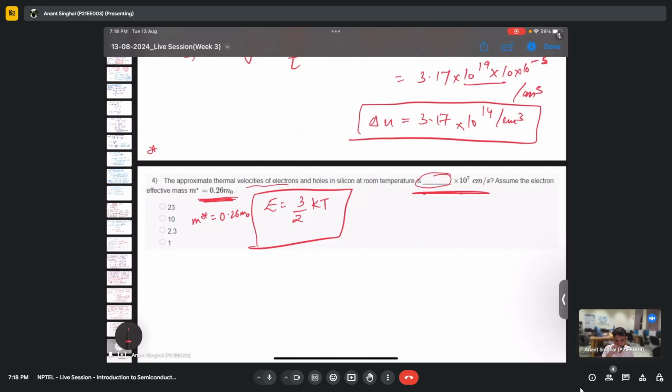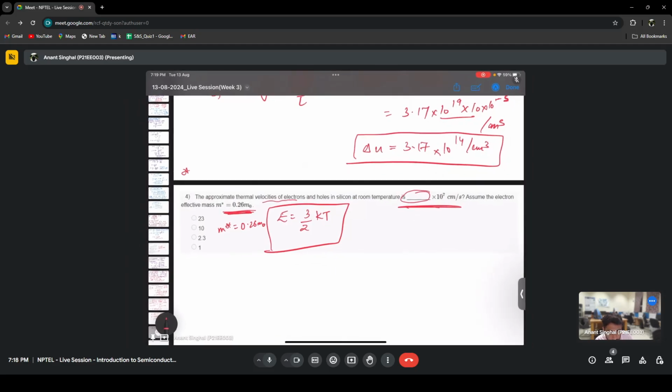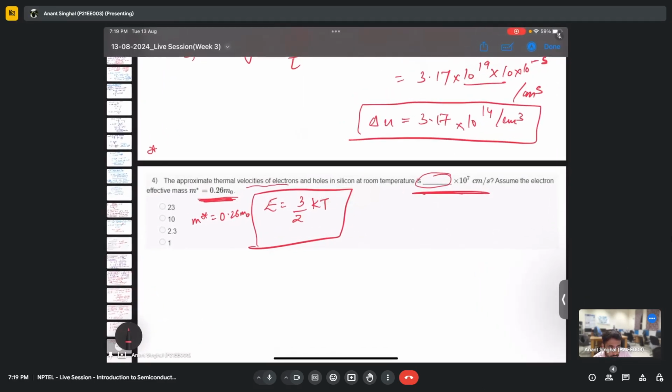Quickly let me know this. You can take 2-3 minutes, and please let me know if you are solving. Please type in the chat box. This is a very easy question. I guess you can solve this. Kindly type in the chat box if you are solving it. Please respond, guys.